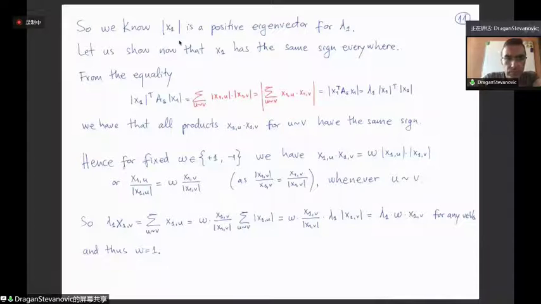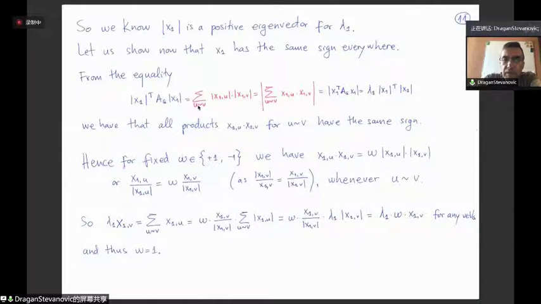So in order to know that, we need to show that x1 has the same sign everywhere. For all the vertices, it will either be all positive or all negative. So we go back to the equality over here, because we know that the absolute of x1 is an eigenvector.